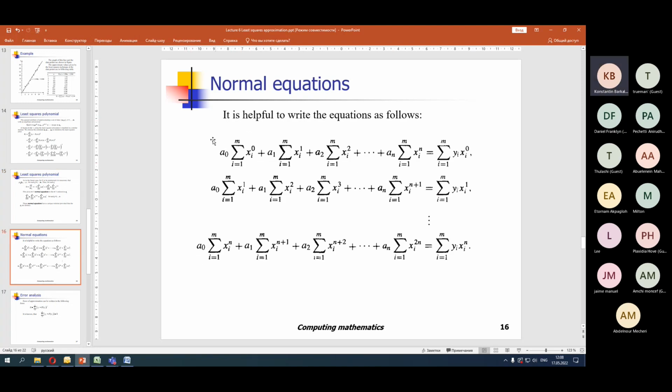And this is a system of equations in general form. The lower index i corresponds to the number of points. The upper is a power. What is xi power 0?